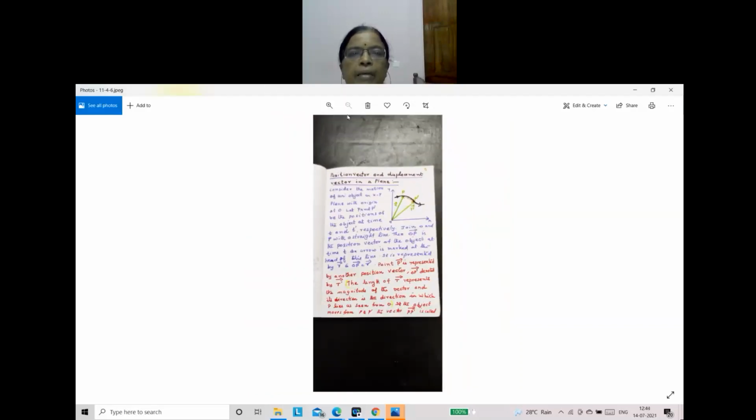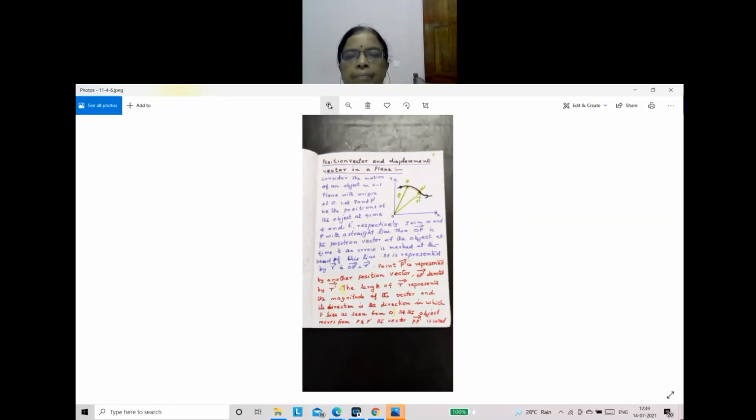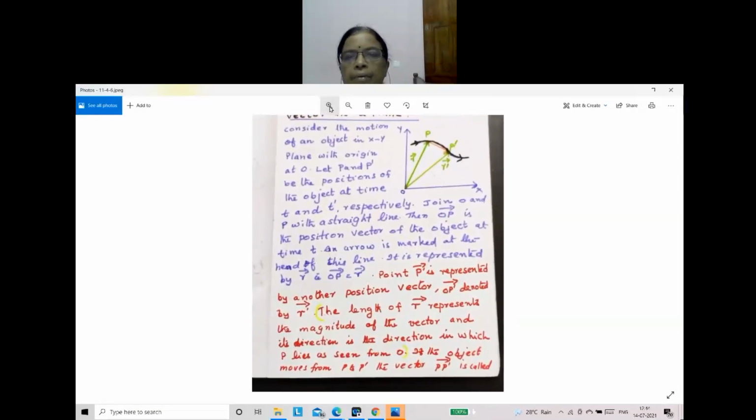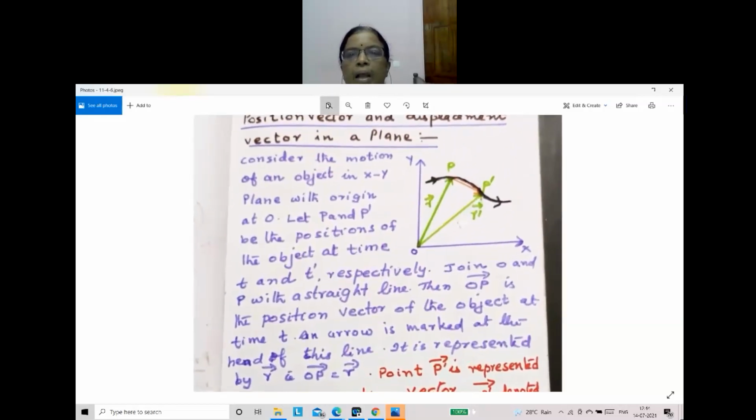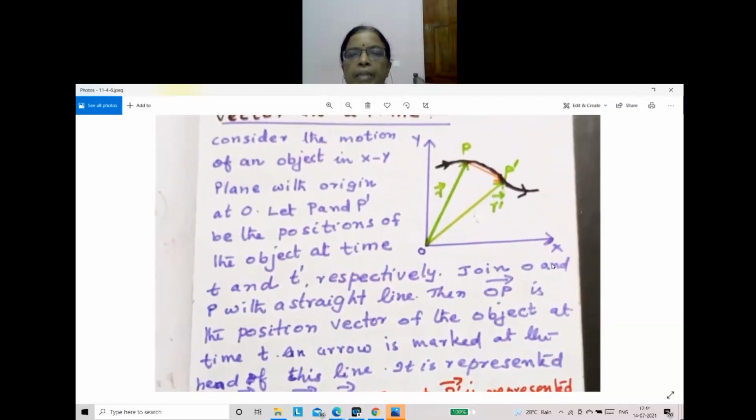I will explain position vector. See, X axis and Y axis are shown here. And here, this is the body moving in this plane. And this book is a plane, and I have drawn the two axes.